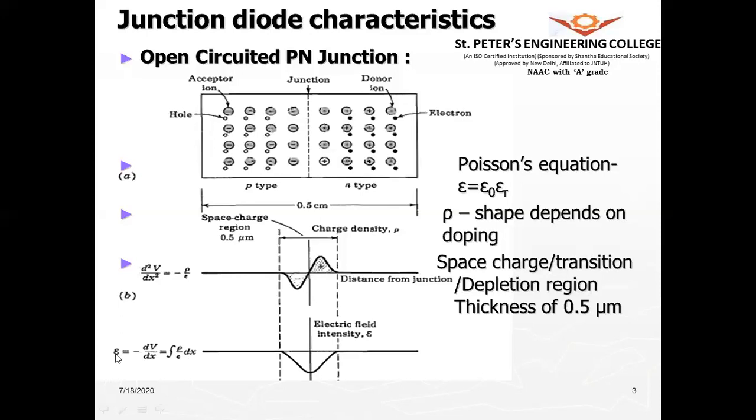So this is E, the electric field intensity. We see that the electric field intensity is 0 at x equals x naught. At 0, the field is maximum.